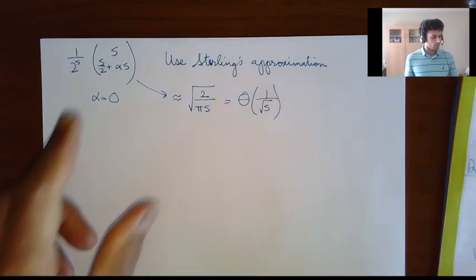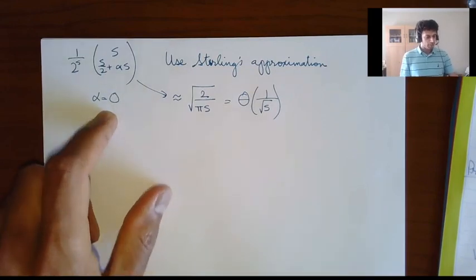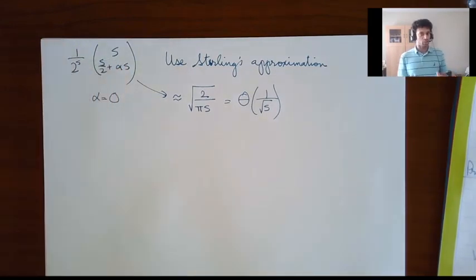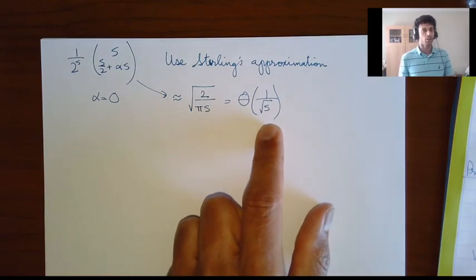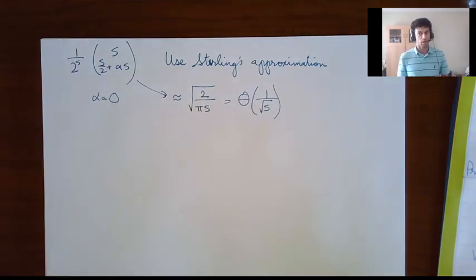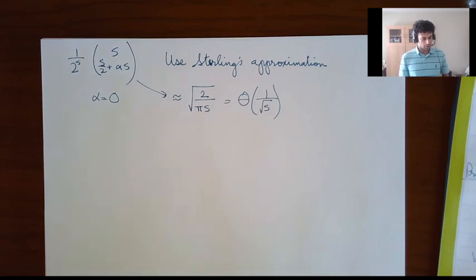Now, why is the alpha equals 0 case important? Because if you saw exactly S over 2 heads, then your estimate will be perfect. You will nail it down exactly. So with probability essentially 1 divided by square root of S, you will nail it down exactly. But what this says is there is a significant probability that you will not nail it down exactly.